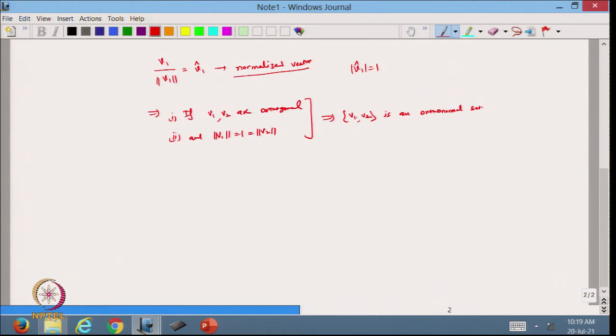It means V1 and V2 are orthogonal and their magnitude is 1, so it is called an orthonormal set.